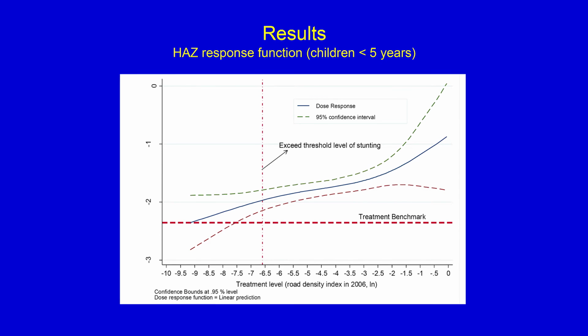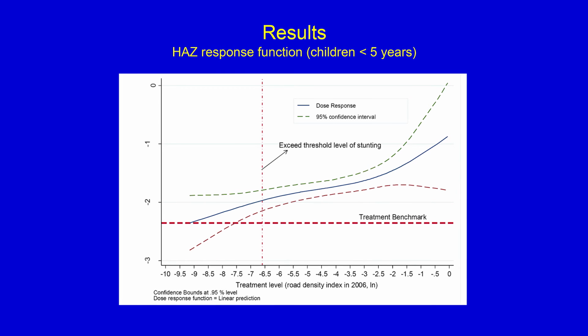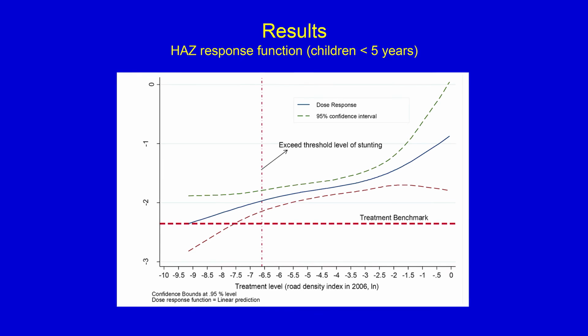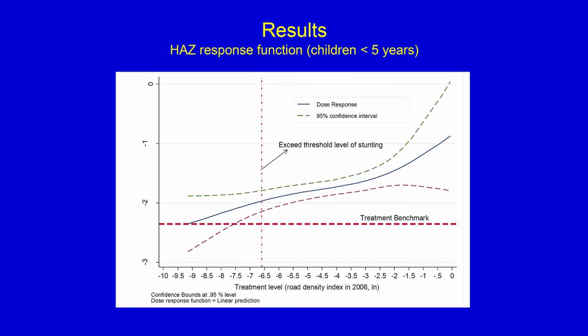Okay, so these are the results from the dose response function, the generalized propensity score approach. As you see here, this red dotted line is the treatment benchmark. This is the lowest treatment level observed in the data set, and the solid line is the dose response function, and this horizontal line indicates the treatment threshold level.